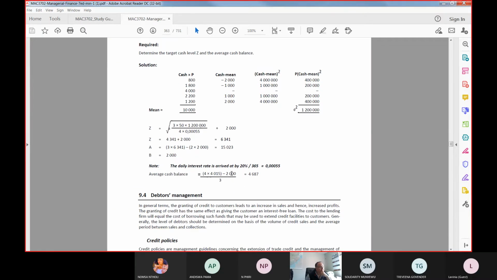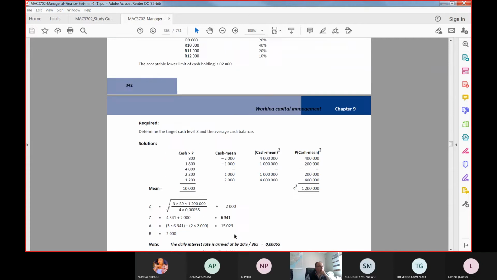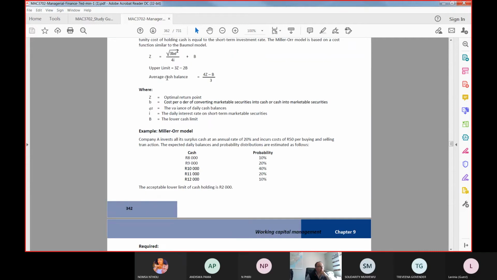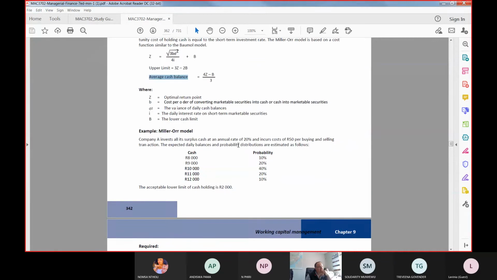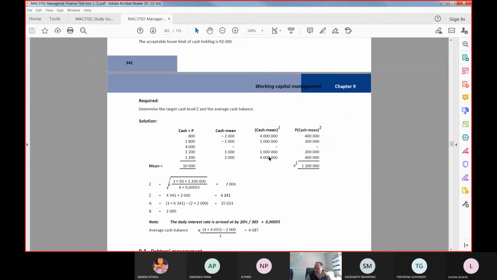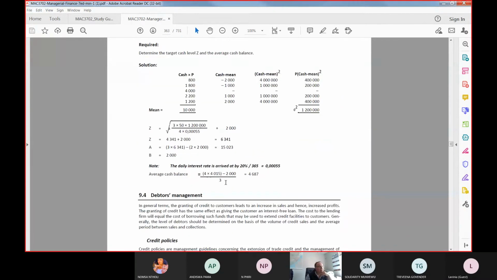Now we put that in the average, on the average amount, which is the limit we require per day. So take into consideration the question is done per day here. It doesn't actually say, does it say? No. But this is working over 365 days. So it's daily. Okay? So we take the average to be then 4,687.